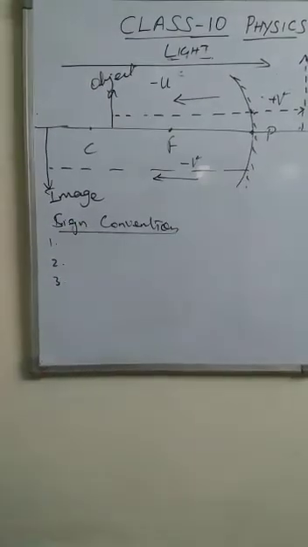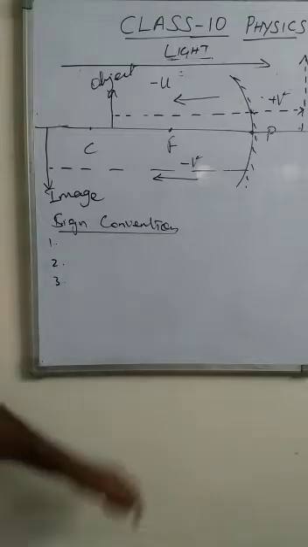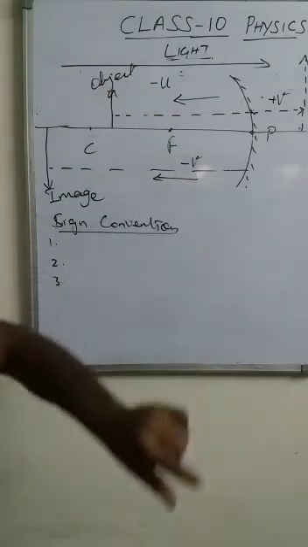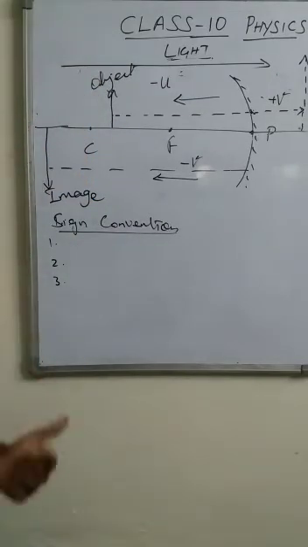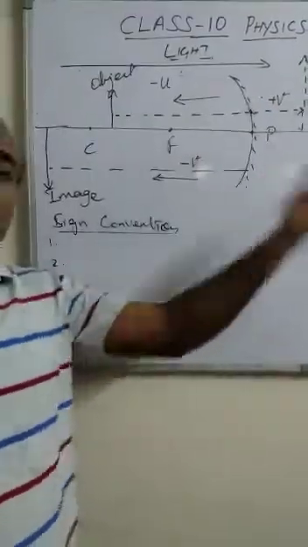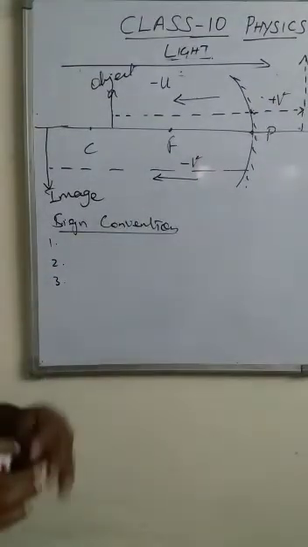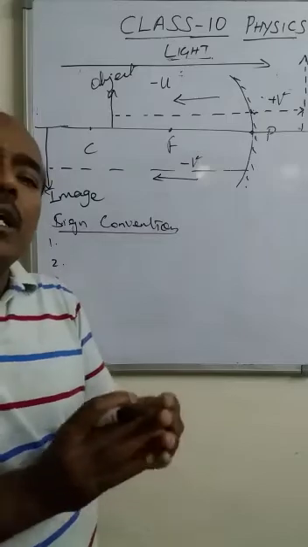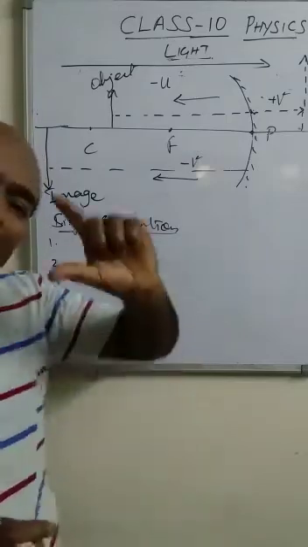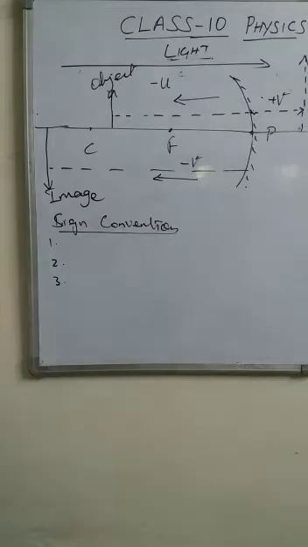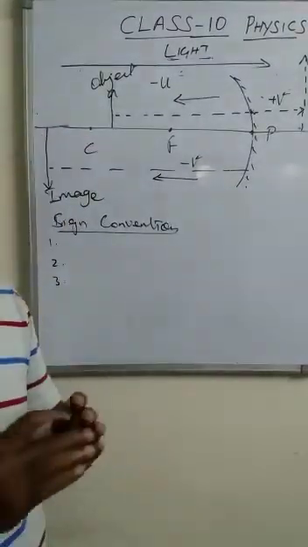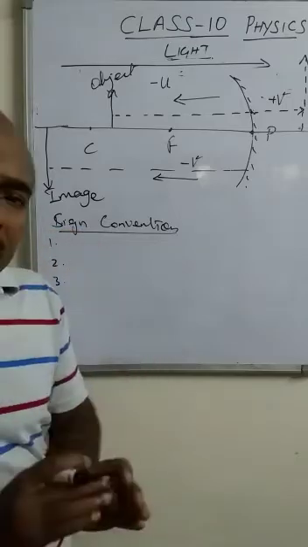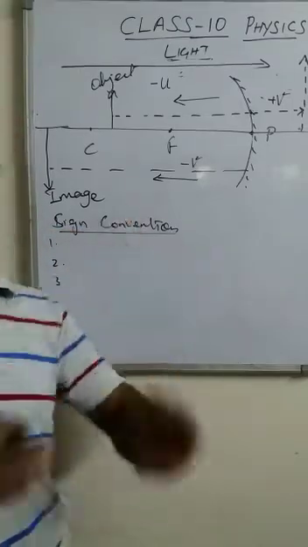Coming to the third sign convention. Here you see that this is the object. It has some size. The image is also having some size. All the objects and images formed have some dimension, some size. And here, we are considering that all objects and all images are linear.